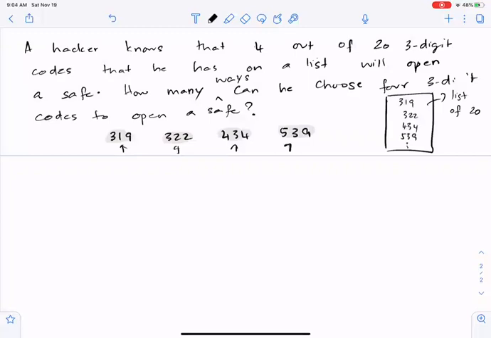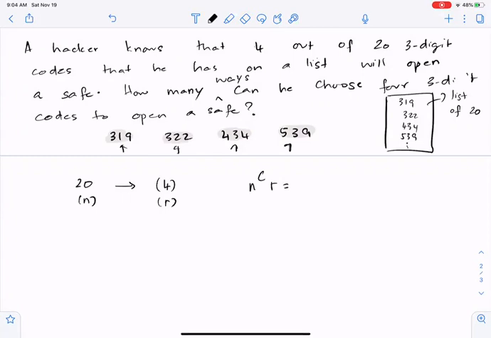So the hacker has 20 3-digit numbers in the list. He is going to choose 4 of them to open a safe. The order doesn't matter. In other words, he's just choosing 4 3-digit numbers to put in the safe and try to open it. So this would be nCr.